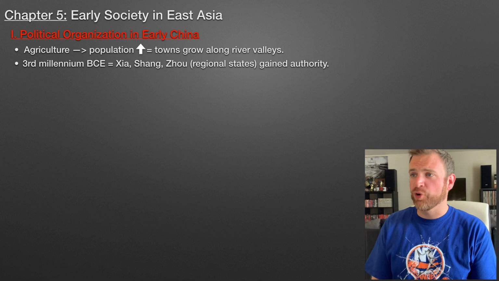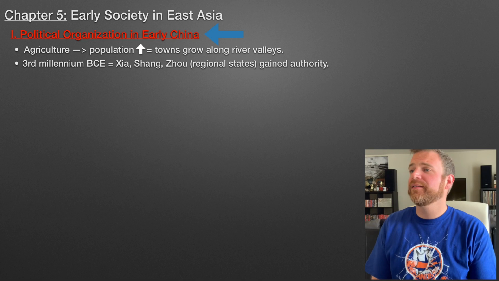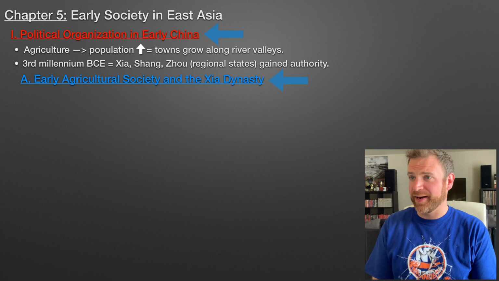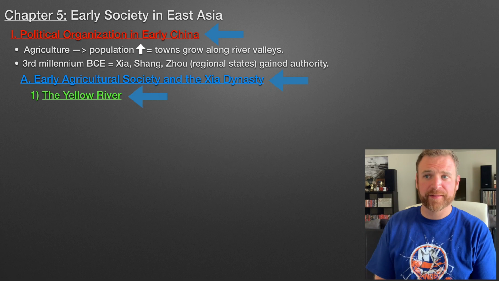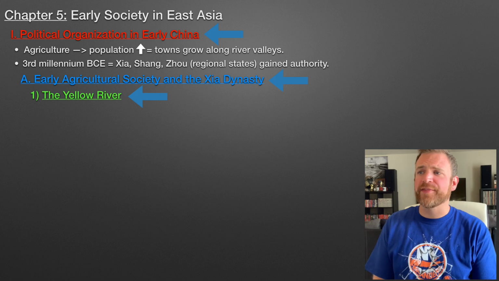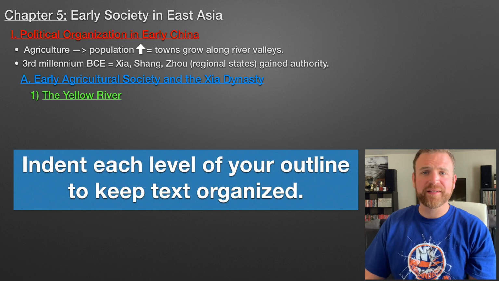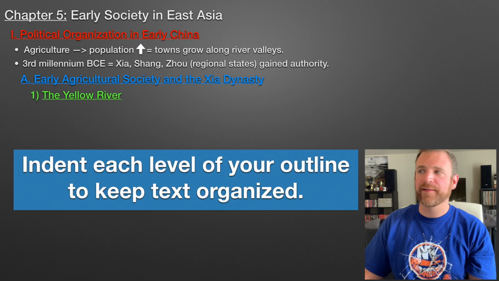I recommend using Roman numerals for section titles, capital letters for section subheadings, and numbers with parentheses for paragraph topics. So our outline should look like this so far. Notice how I am indenting as I proceed down the different levels of titles found in the textbook, and how I am leaving a space before the first section subheading in blue text.